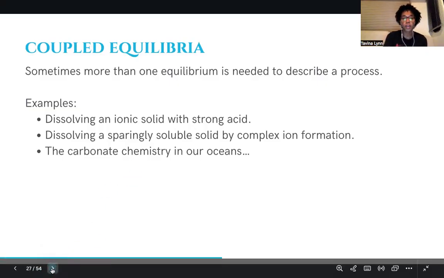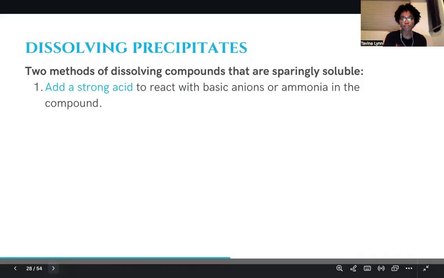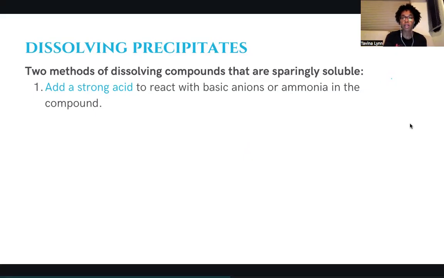So for this video, we're going to look at the first example where we can dissolve precipitates. There are two methods that we can use to dissolve compounds that are sparingly soluble.